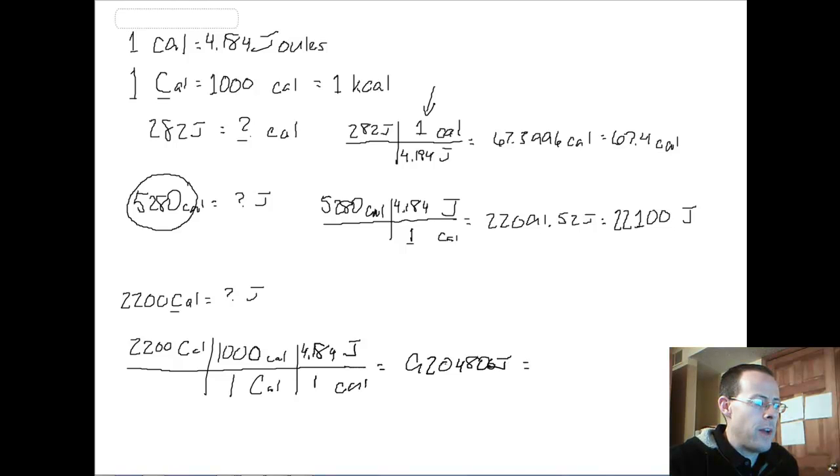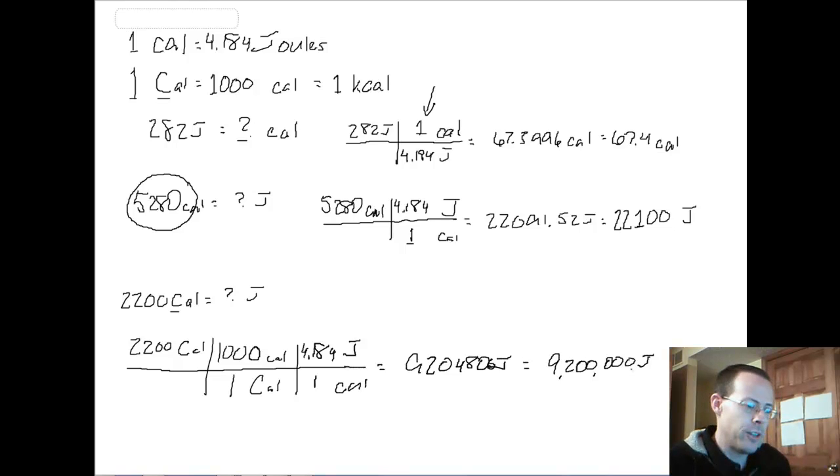And again, if we go back and we look at our sig figs, 2,200 calories has 2, so we're going to round our answer to 2. So we're really just going to have 9,200,000 joules. So a 2,200 calorie diet, we're really consuming 9,200,000 joules of energy.